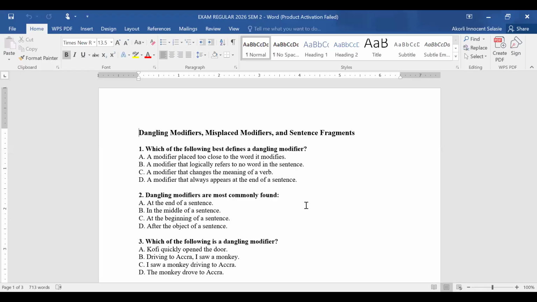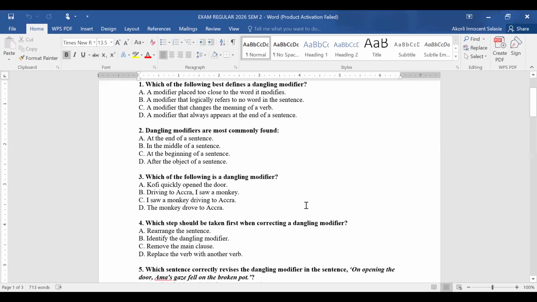A modifier that logically refers to no word in the sentence. Or is it the case that everybody knows it, so we don't have to go through? Yeah, talk to me, please.